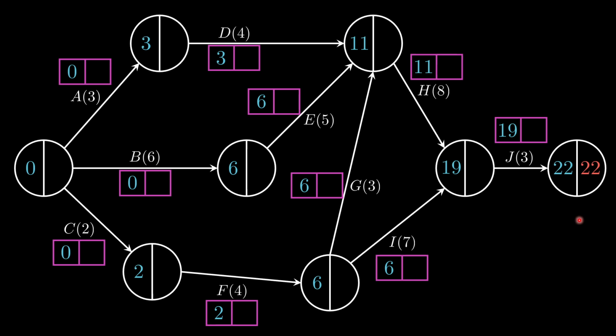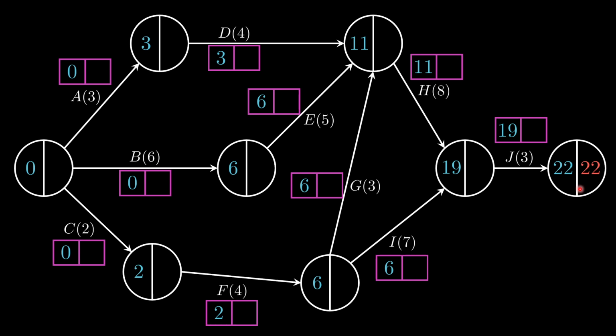We're going to be lazy, but we're going to be smart about it, and we're going to be finishing just as if we were full keen and everyone's working as quick as they can. So that's why the red number will have to match the blue number at the end here. And we're going to work our way backwards through the network in a very similar way. Okay? All right. So we have to finish on day 22.